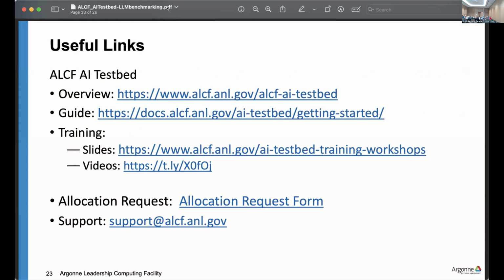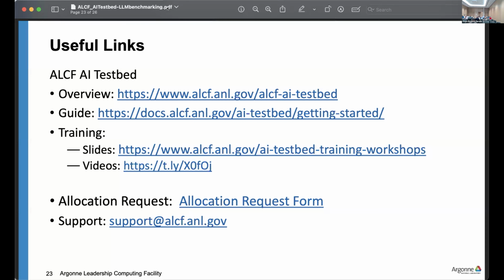It basically asks what the project is, what the goal of the project is, what models are being used, datasets, for example, and any existing implementations. Once you get the allocation, you get access to these systems and also dedicated support from our in-house experts, so you get more hands-on help on these systems to port the applications and run them.